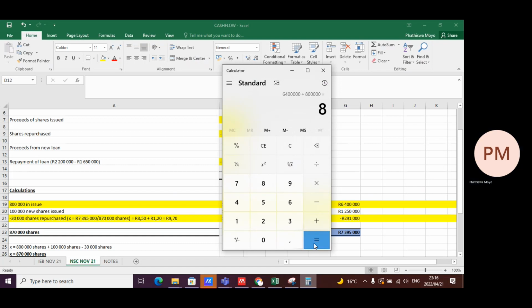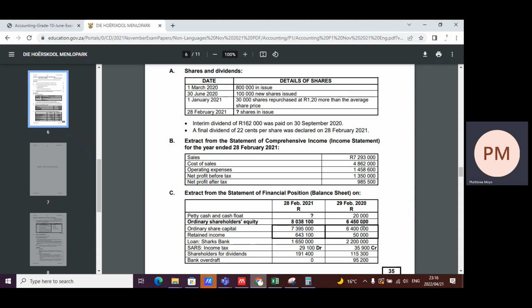So in this case, we need to account for the whole figures, the total figures that were given, which is the opening balance, the closing balance and the buyback.